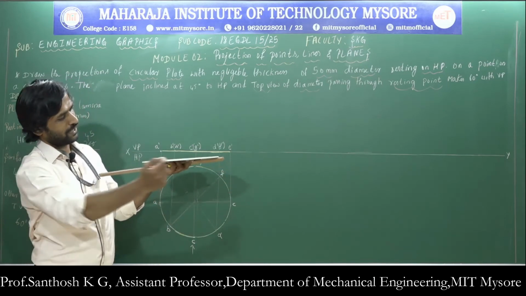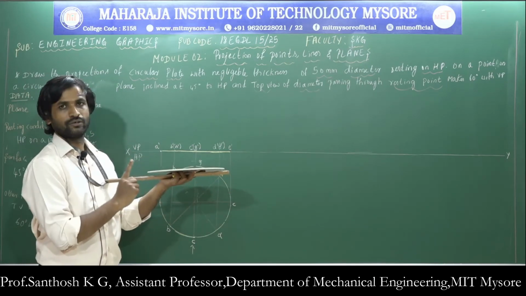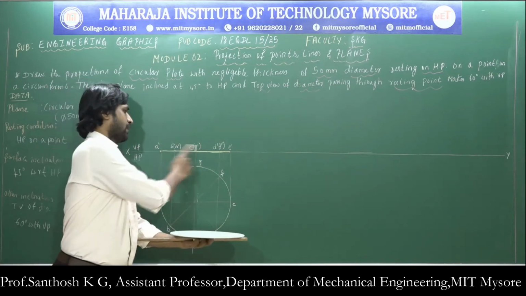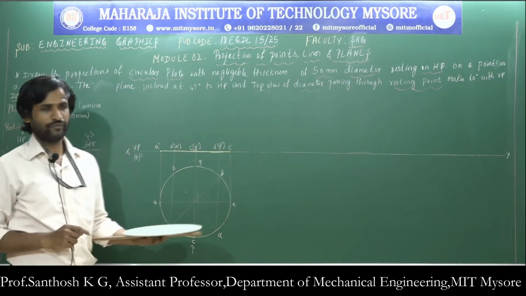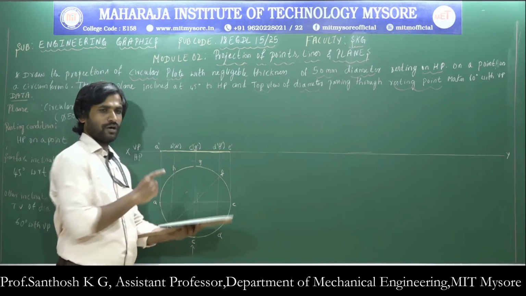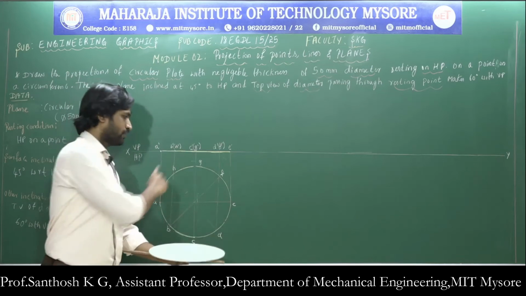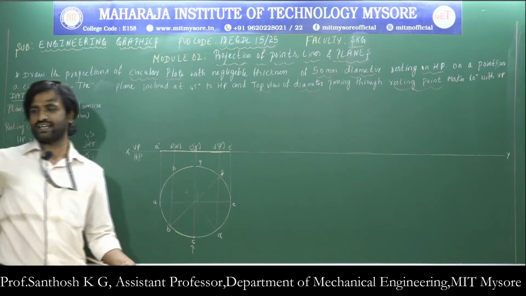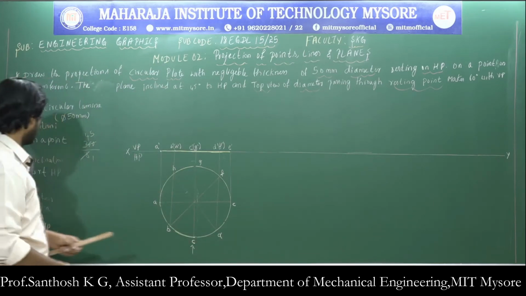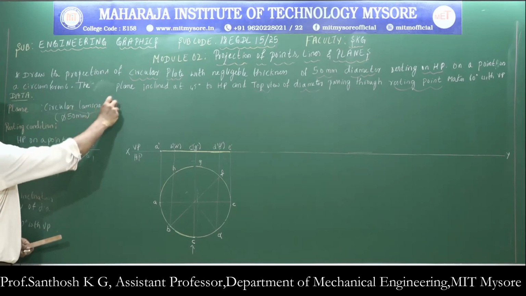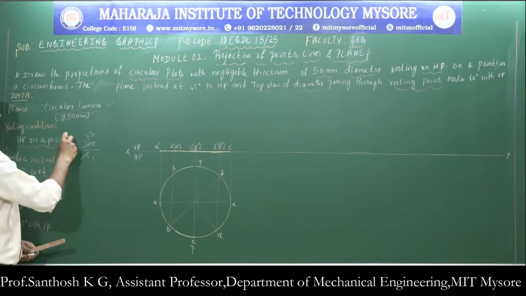Similarly, when you see the lamina from the front, it looks like a line and the line will be visible in VP. So the front view of this lamina is a straight line and the top view of this lamina is a circle. Thereby we satisfied the condition that the circular lamina is resting on HP.